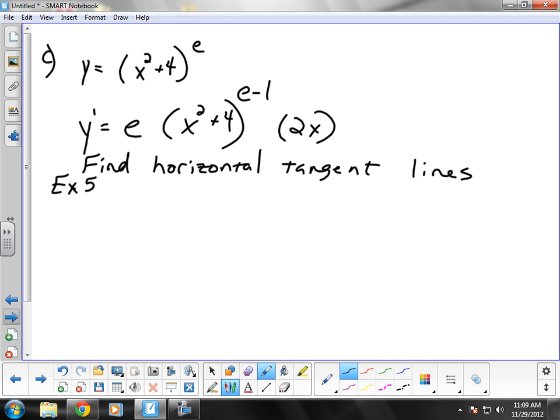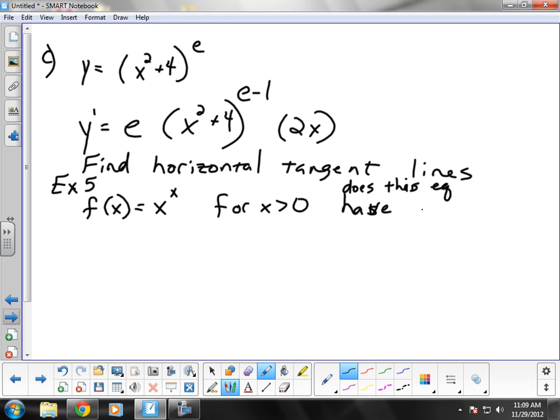Okay, so what we're doing in example 5 is we're going to decide, does the equation f of x equals x raised to the x, as long as x is greater than 0, have any horizontal tangent lines?